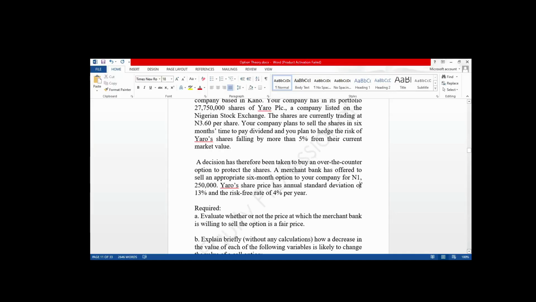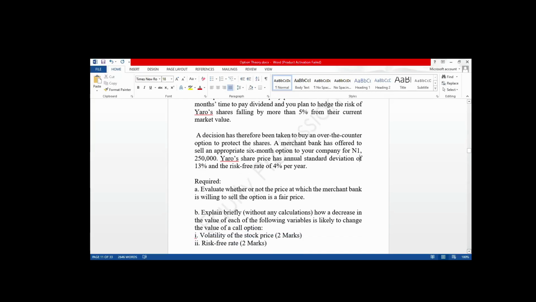Requirement A. Evaluate whether or not the price at which the merchant bank is willing to sell the options is a fair price.